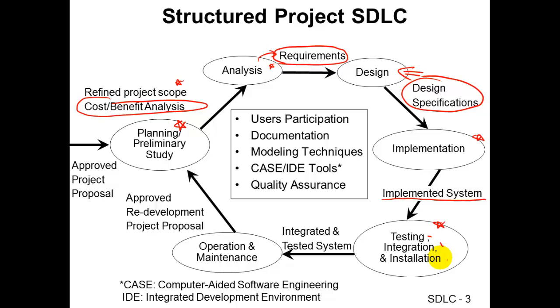Once someone has written the code, you still need to go through the testing, integrate a lot of modules together, see whether they will work with each other, and eventually install it in the platform such that it will become operational. Bring the system online to be up and running. And then that will be the operation and maintenance phase. You will still probably spend some effort and money in maintaining the system.